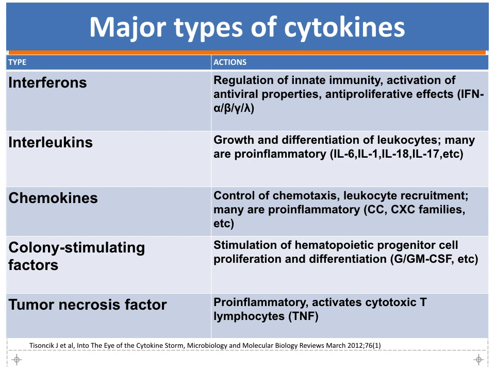Colony-stimulating factors like G-CSF and GM-CSF stimulate hematopoietic progenitor cell proliferation and differentiation. And tumor necrosis factor are pro-inflammatory cytokines that can activate certain types of killer cells like the cytotoxic T lymphocyte.